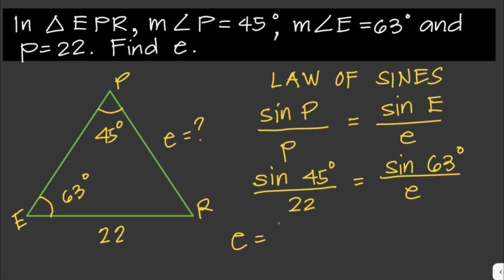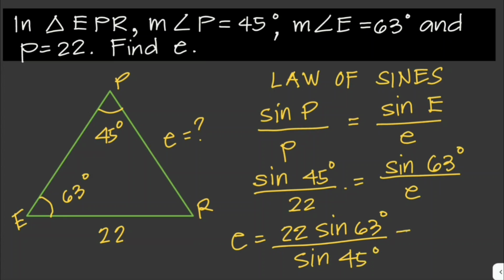Therefore, when we cross multiply, e is just equal to 22 sine 63 degrees over sine 45 degrees. And this is just equal to 27.72. So that is the value for e.